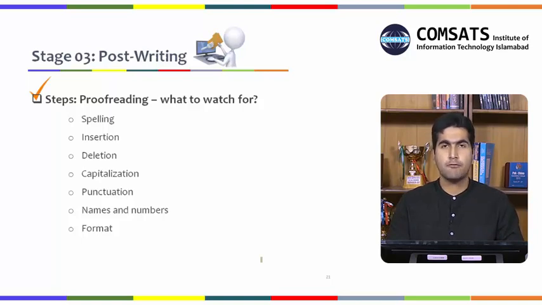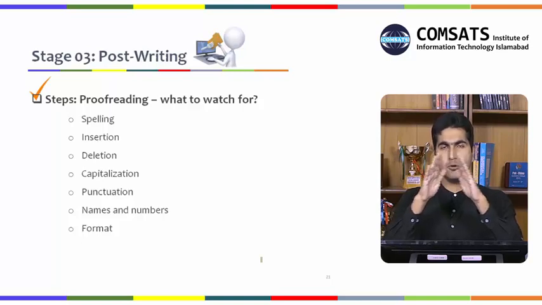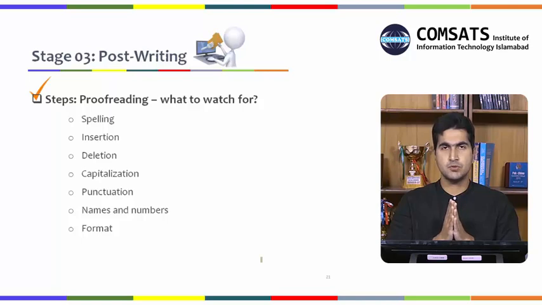Then a need of using the punctuation marks, you're going to use it as well. Then talking about the application of names and numbers, that is also something that you will check. If there is a need of adding numbers, or if there is a need of mentioning some names, you're going to point it out as well, and giving it an overall look and check over the format, whether the right format has been used or not.